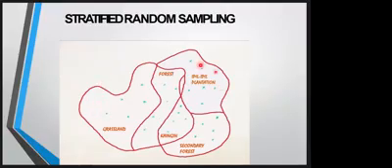So meaning, if this is the whole hectare of your study site or study area, then when you do stratified random sampling, you will see that in the grassland, you randomly sample but only within the grassland. In the forest, you randomly sample but only within the forest. In the ipil-ipil plantation, also random sampling but within the ipil-ipil plantation.